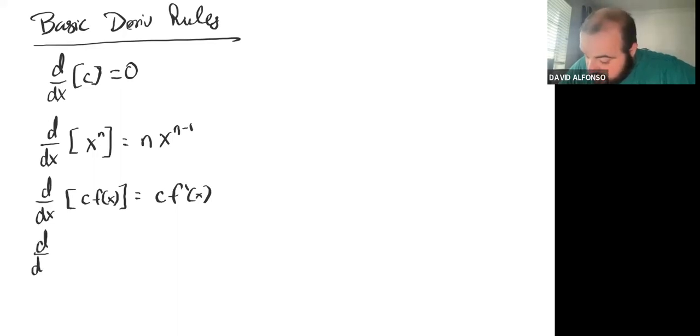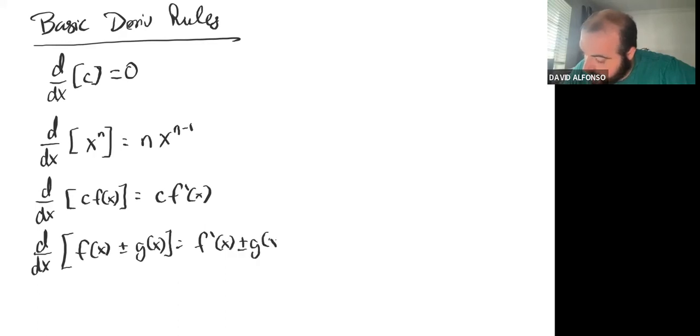The derivative can be distributed only if you add or subtract, because this is f prime plus or minus g prime. So that is acceptable. Those are the basic rules, the ones that are very simple, and by now, I hope we don't have to go over that. These are very simple rules. These should be ingrained.